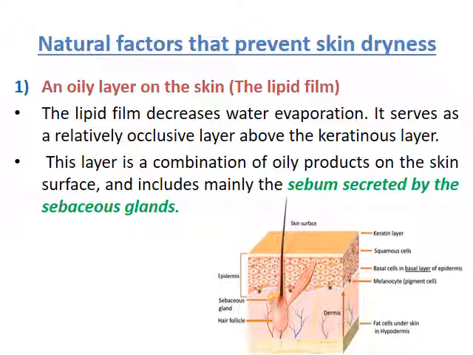Sebum goes up to the surface of the skin and combines with other components, forming this oily occlusive layer which protects our skin from losing the normal moisture content present in our keratinous layer.